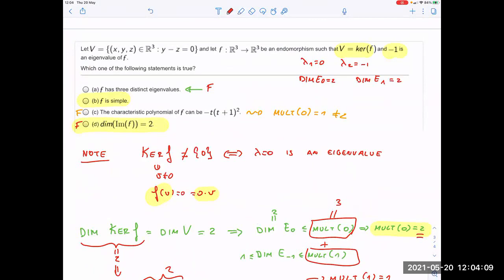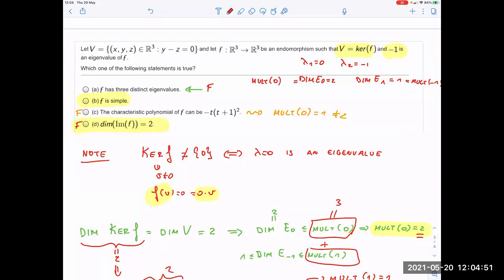So, repeating: since the eigenspace of 0 has dimension 2, the multiplicity of 0 is at least 2, and it cannot be 3 because there is another eigenvalue, so it is 2. The other eigenvalue must have multiplicity exactly 1, so the dimension is equal to 1. So the condition is satisfied, also because the eigenvalues are both real.